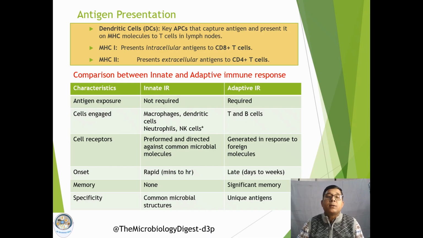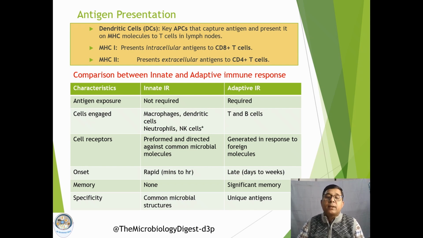We'll be discussing them in subsequent discussions, but two types of MHC exist. MHC1 is responsible for presenting intracellular antigen through CD8 T cells, and MHC2 is for extracellular antigens through CD4 T cells. This antigen presentation is mainly through the dendritic cells, which are the major population of cells responsible for antigen presentation.